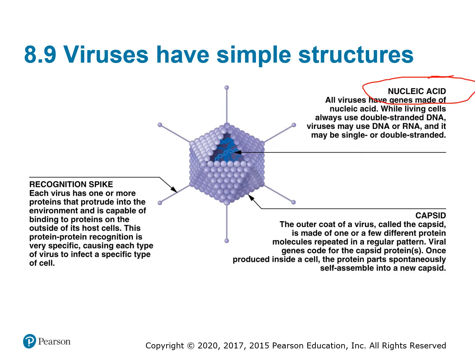It has a capsid, which is sort of the outer coat of the virus, and it's made up of one or a few different protein molecules that are repeated in a regular pattern. Then there's typically some type of recognition spike. Each virus has one or more proteins that protrude into the environment and are capable of binding to proteins on the outside of its host cell.